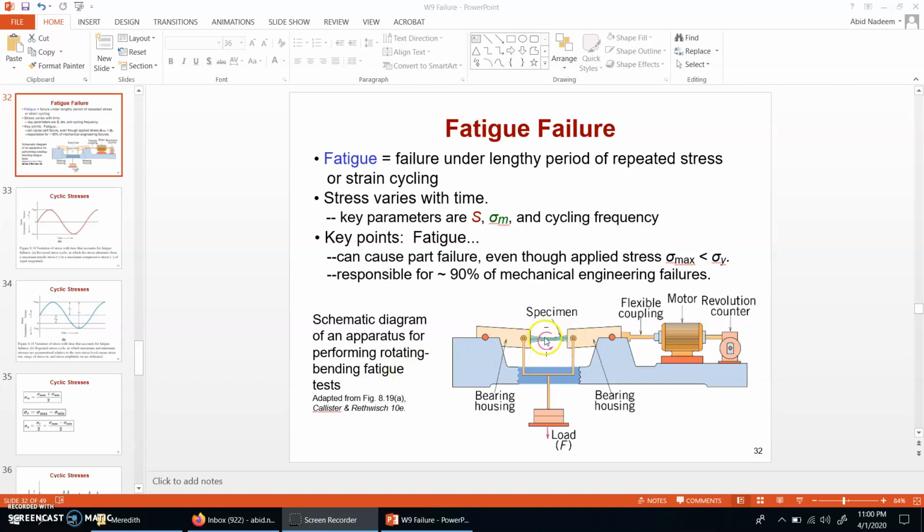In the bending fatigue test, when this rod is bent from the two ends, compressive and tensile stresses are produced. For example, at the bottom there will be compressive stress and at the top there will be tensile stress, and then as it rotates, at the bottom there will be tensile stresses and at the top there will be compressive stresses, and these will be applied on a repetitive basis.